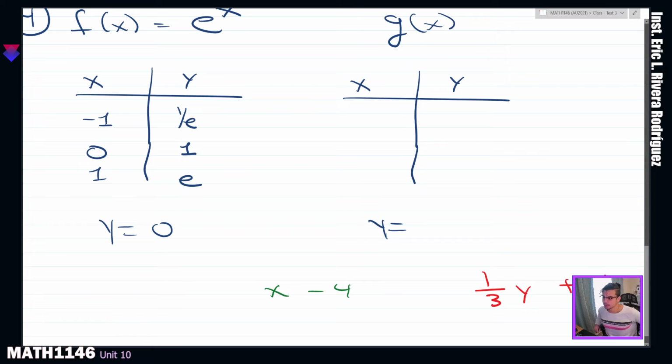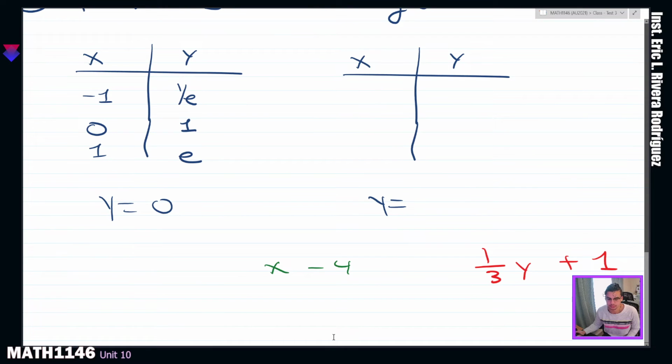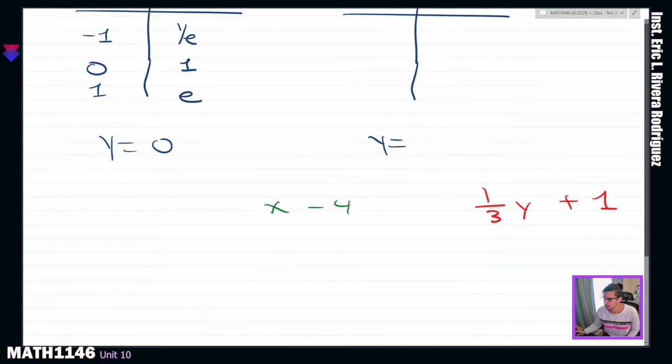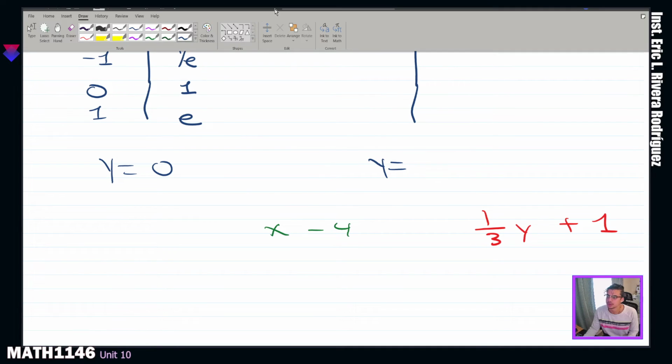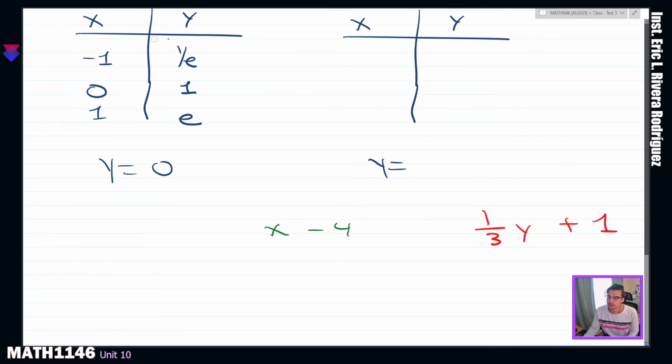These points are going to be weird because we have a base that is an irrational number, e. Let's start with the x values. Can you give me the x values? -5 and -4, -3, correct?